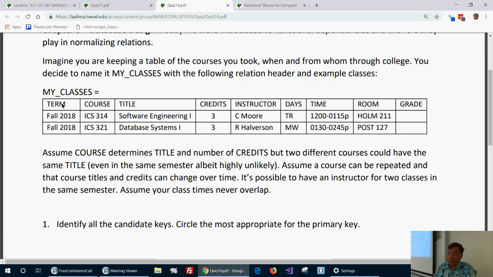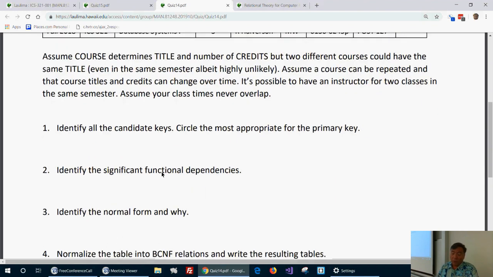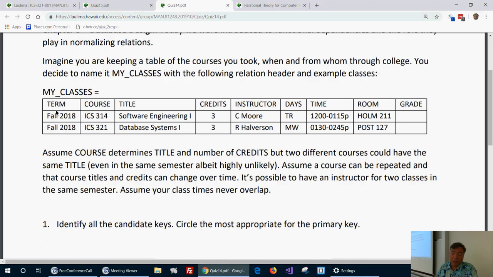But really you can't draw any other conclusions about any relationships between these attributes and the primary key. So really all we can say is that this is the primary key, or this plus this is the primary key, and all these other fields are functionally dependent on the primary key.